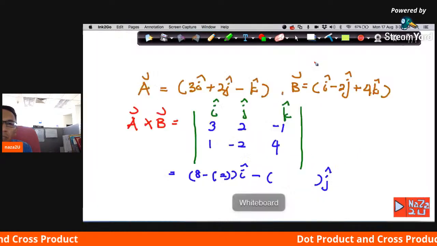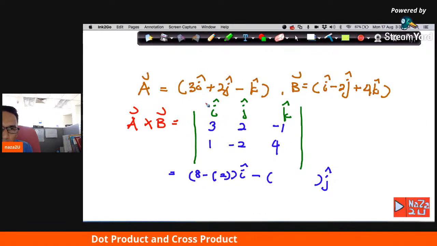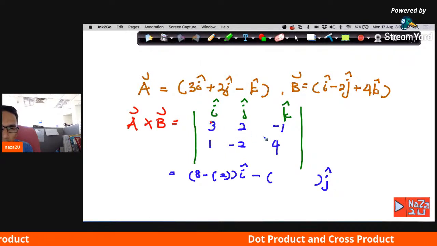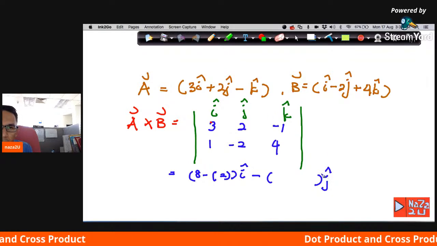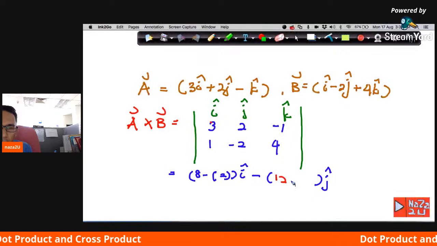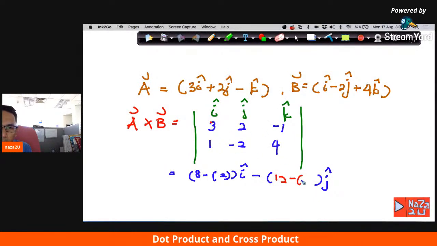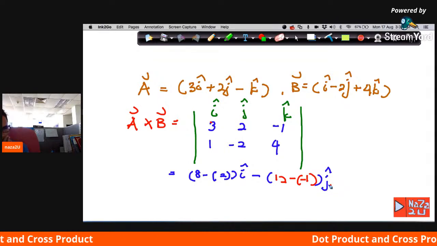So consider the values of 3 and 4. This is because I cross K is equal to vector j. So 3 times 4, this is 12. Okay, minus 1 times 1 is equal to minus 1. Right?